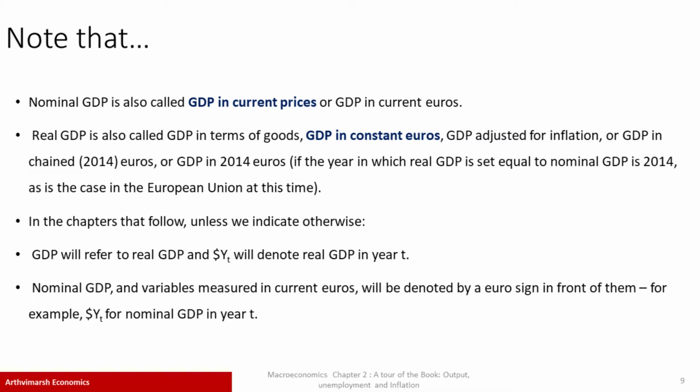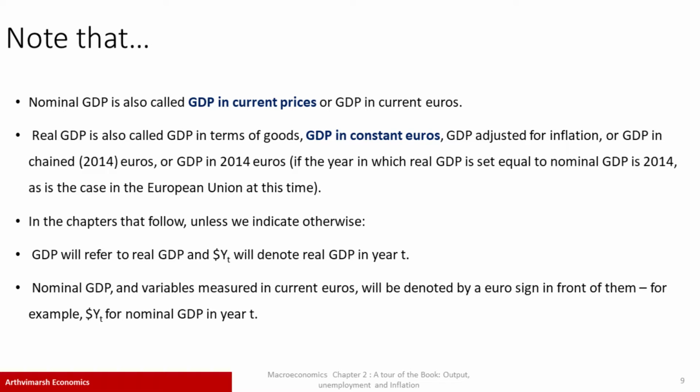Okay, so these are all synonyms for real GDP, but most commonly you will encounter GDP in constant prices. In the chapters that follow, unless we indicate otherwise, GDP will refer to real GDP, and it will be denoted as Y_t, where t denotes the year in which that real GDP is being reported.